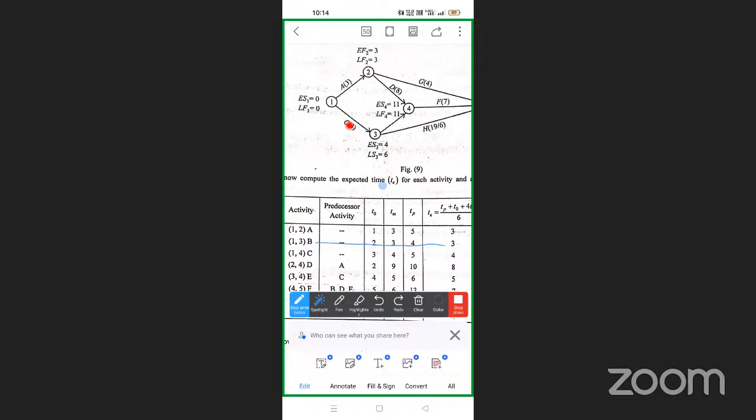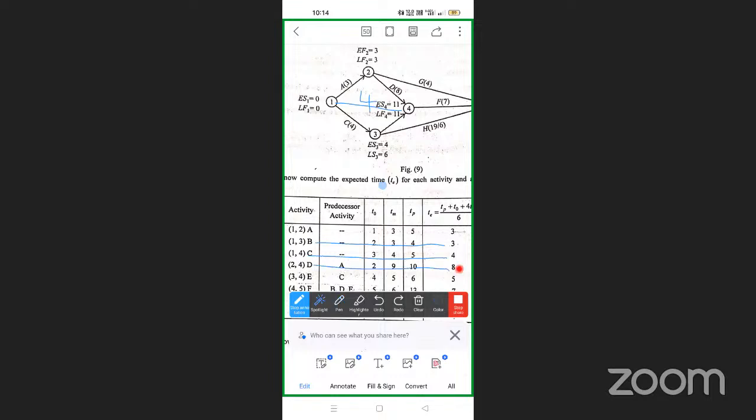Next 1 to 4. The distance between these two nodes is 4 units. Next 2 to 4, the distance is 8.